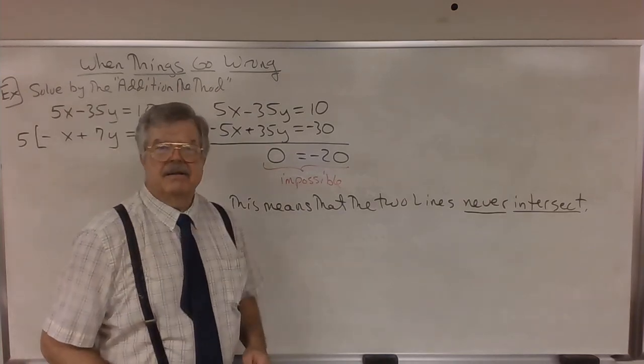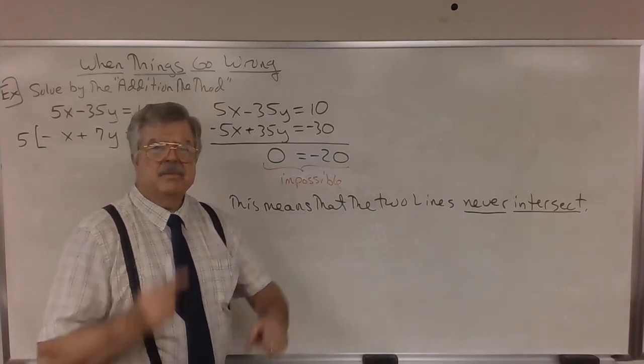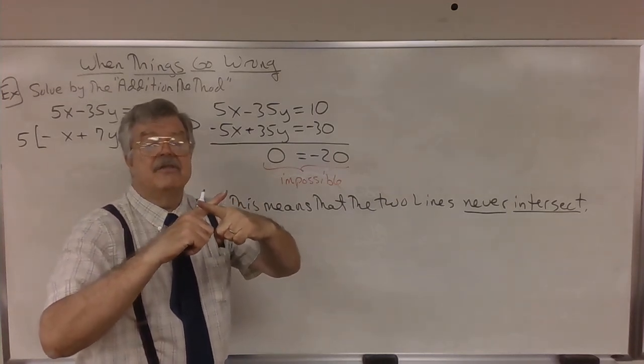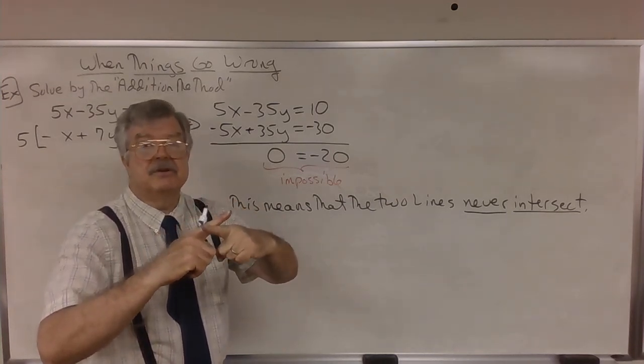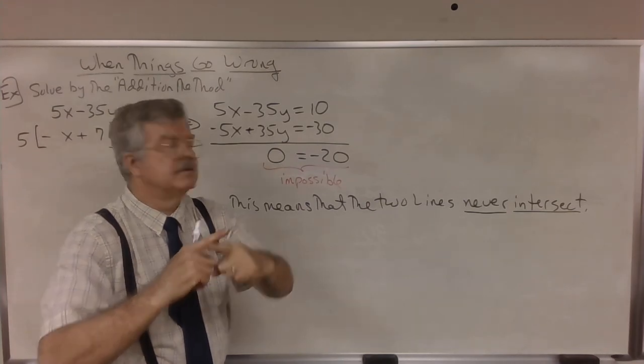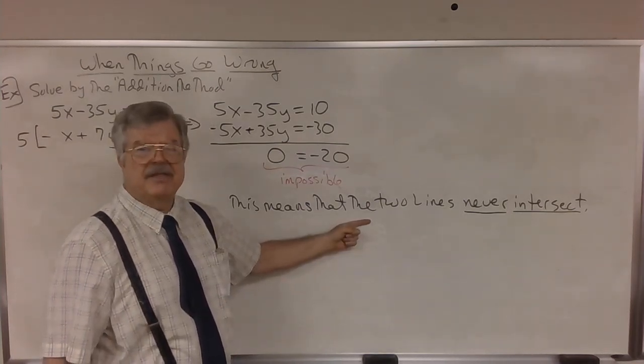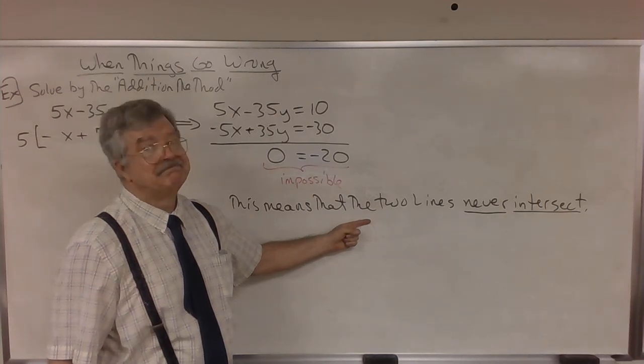And think about it. What does it mean when the two lines intersect? Where they intersect, that's the point that's a solution for both equations. Well, these two lines never intersect, so how can they have a solution? They can't.